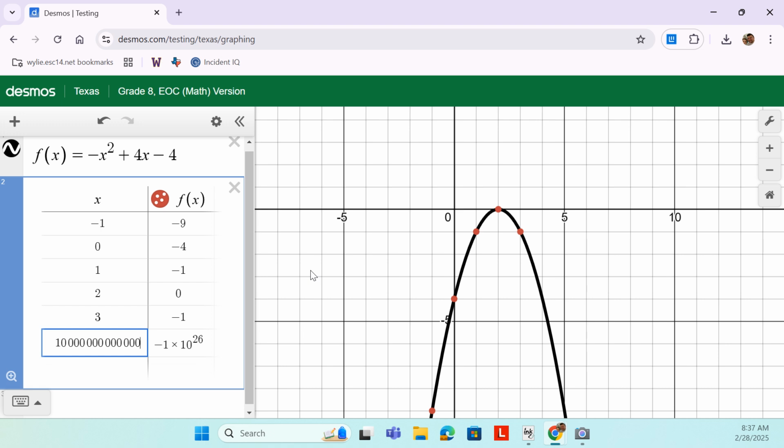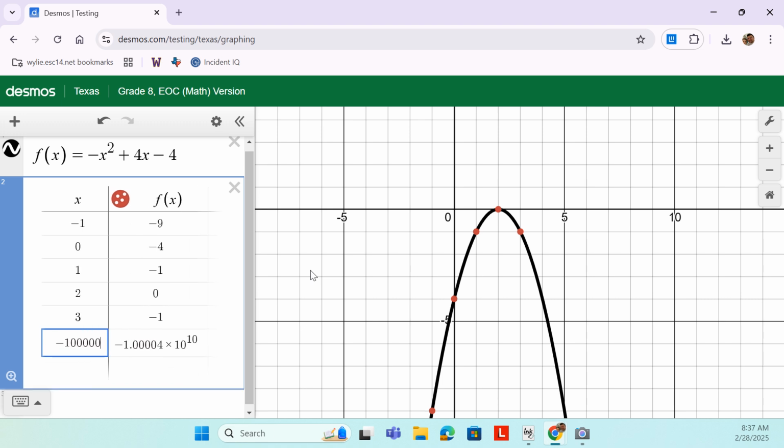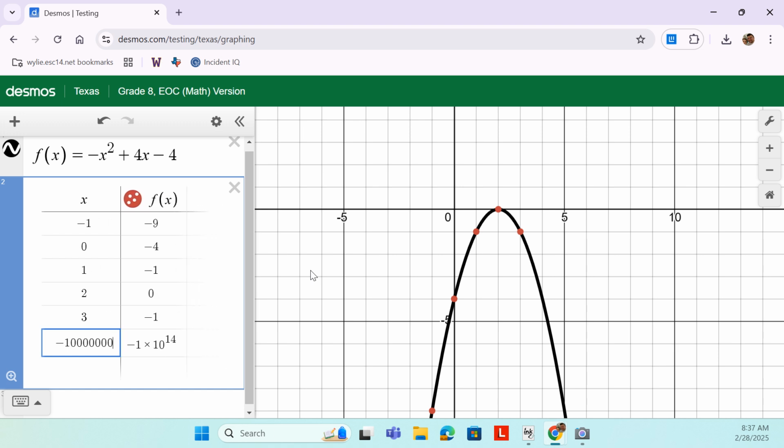So that's one with I don't know how many zeros, still giving me a value there. So that means I could get something way up high there. And if I put a negative, do the same thing, I'm going to get that same deal. It doesn't matter what I put.